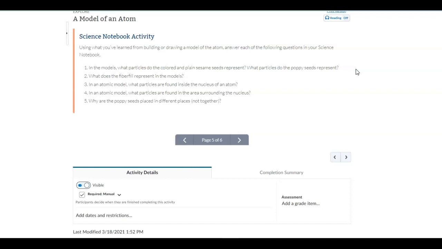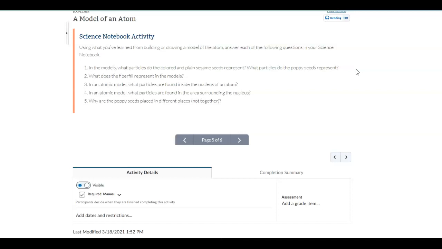And then in an atomic model, what particles are found inside the nucleus? You should easily be able to answer there the 2 things that we put in the nucleus and what is found on the areas surrounding the nucleus. So pretty easy. If you go back to the pictures at the beginning, you're able to see and determine what is found outside. And then why are the poppy seeds placed in different places, not together?